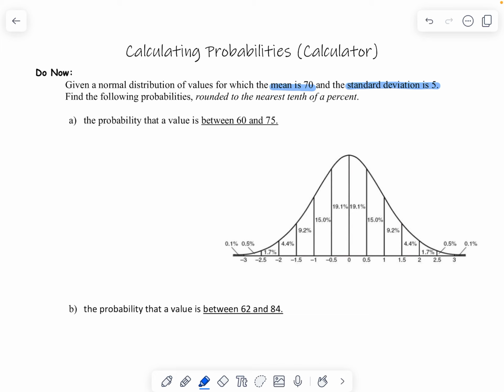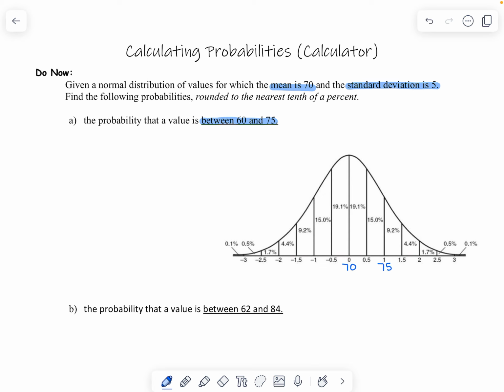So the first question says, what is the probability, or what is the percent of scores that fall between 60 and 75? So I'm going to go to my curve and I'm going to label 70 at the middle because that's my average. And since my standard deviation is 5, if I add 5 to 70, at my z-score of 1, I should have the score 75.